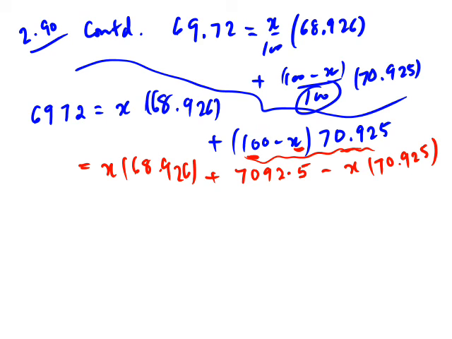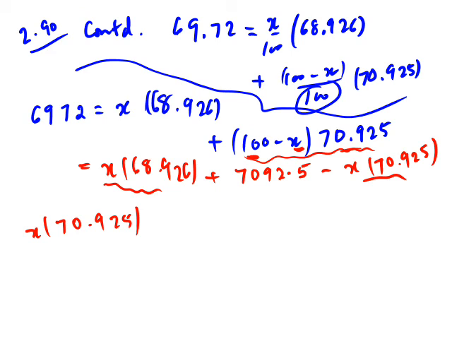Now, in this kind of algebra, you have two quantities with x, this and this. So let's have them on one side, and it doesn't matter which side you select, and I'm selecting the left-hand side. So their sign is going to be changed. So you'd have x times 70.925, because I changed it from the right side to the left side.